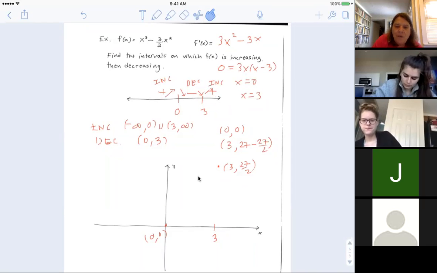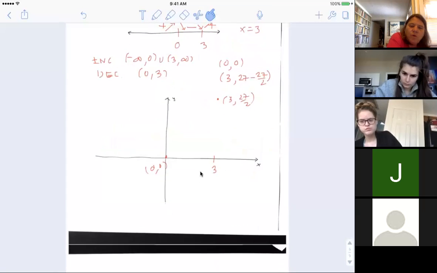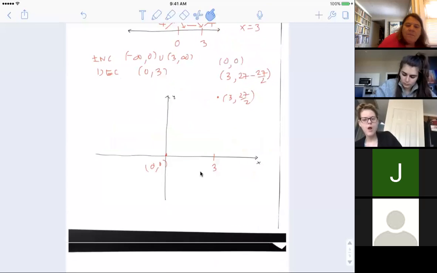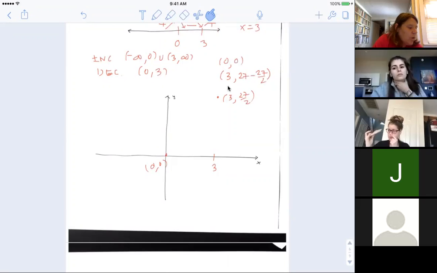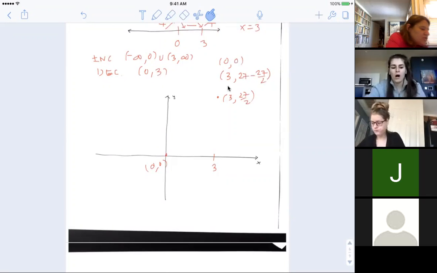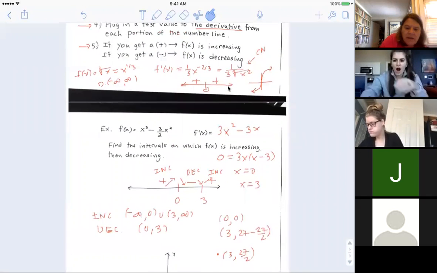Now, what I did wrong yesterday when I got in a hurry was looking at the graph. I plotted a point wrong, and things were going haywire. And so I just said, forget it, I don't want to waste my time on it now. So the critical numbers were 0 and 3. If you want actual points to put on the graph, what we've got to do, of course, is take those points 0 and 3 and plug them into the original function.